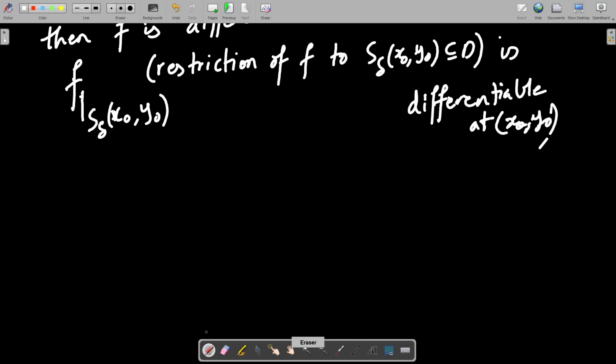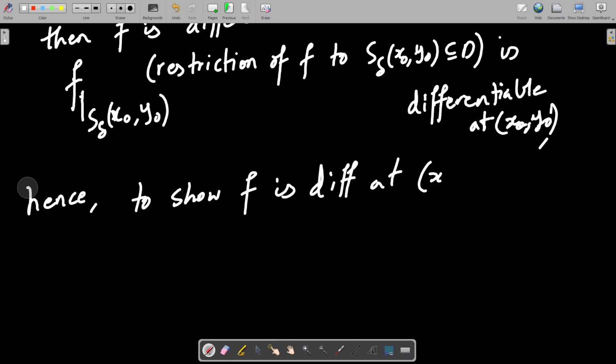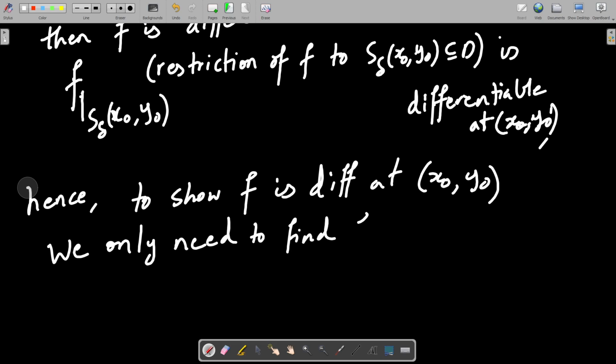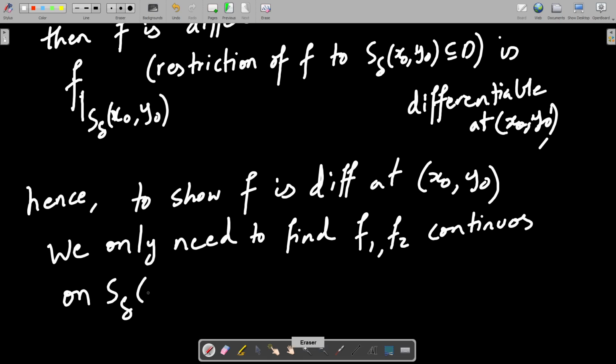If the statement is true, hence to show f is differentiable at (x0, y0), we only need to find f1, f2 continuous on S delta (x0, y0) for some delta greater than 0.